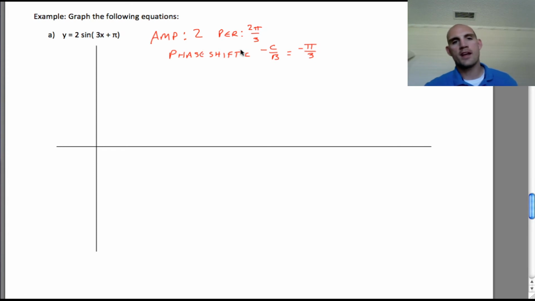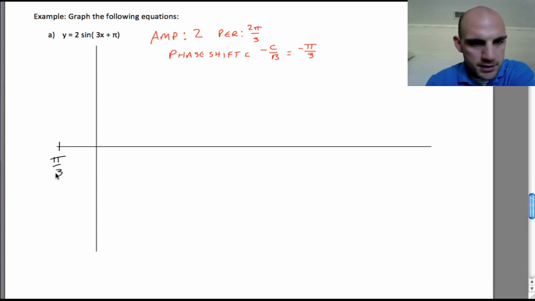Okay, so let's look. This means that when we shift back, pi over 3 is going to be our target value here. And we're still going to need 5 points. And so let me relate this to you. If we know that the period is 2 pi over 3, 1 pi over 3 is going to get us to 0.